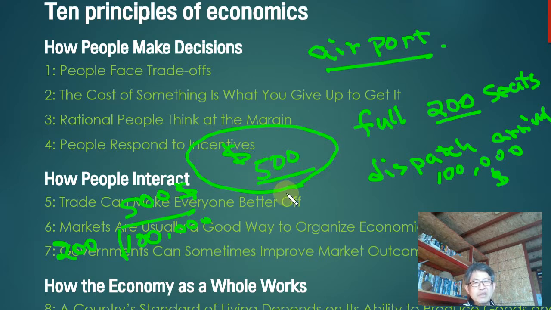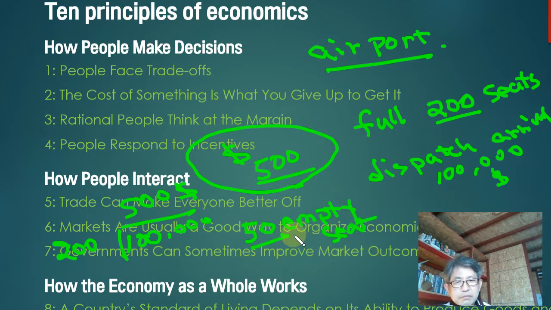500 bucks, right? Then this airplane failed to fill the passengers at the point of departure. They have 50 empty seats.